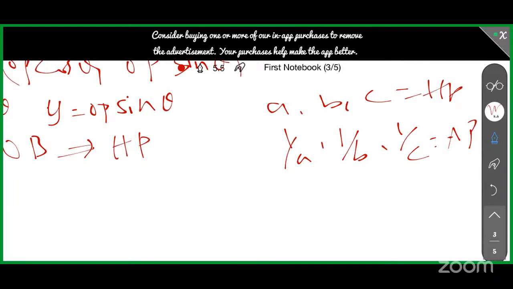Common difference. Anything more than that? Three terms in AP. Apart from the common difference, apart from defining concepts, anything else? Sequence and series, arithmetic.